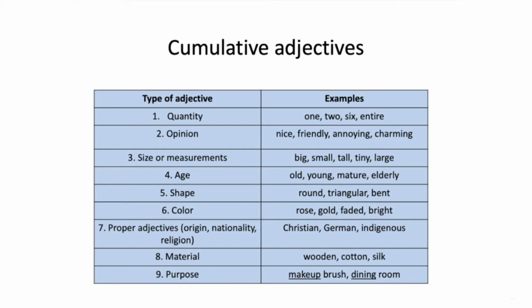For example, I like charming, tall French men. Or I have 6 tiny young mice.